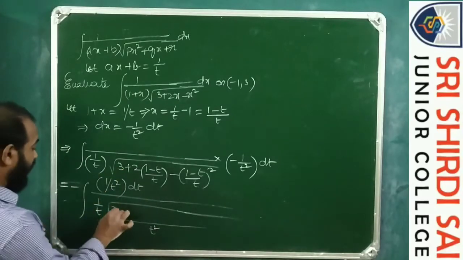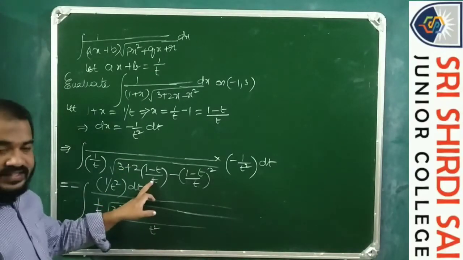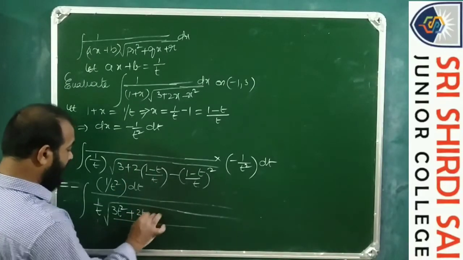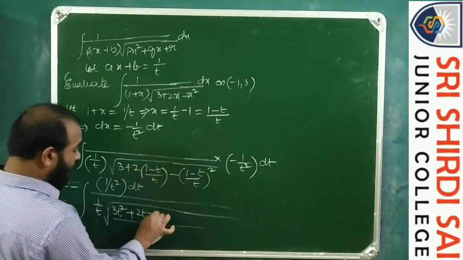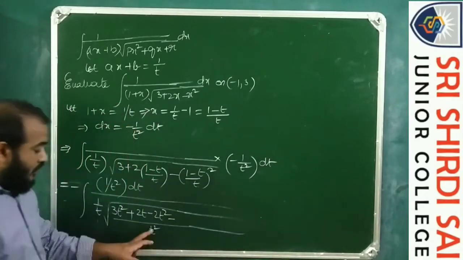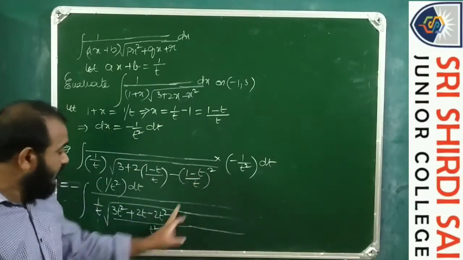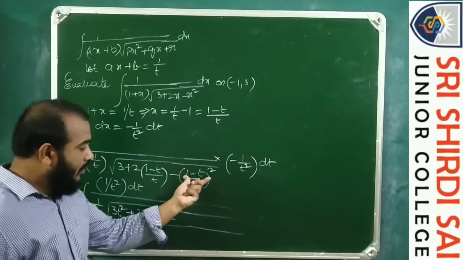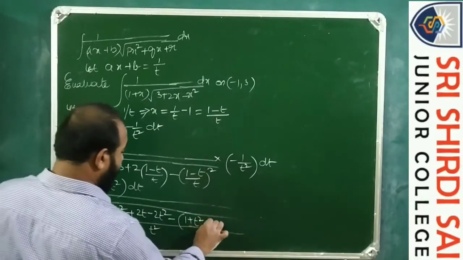So this is 3t square plus 2t into (1 minus t), so 2t minus 2t square, minus (1 minus t) whole square by t square. So t square gets cancelled. I am finding out the LCM here. So we are left with (1 minus t) whole square, which is 1 plus t square minus 2t.